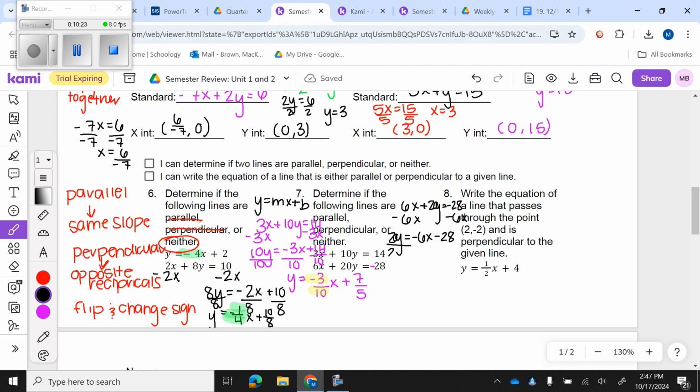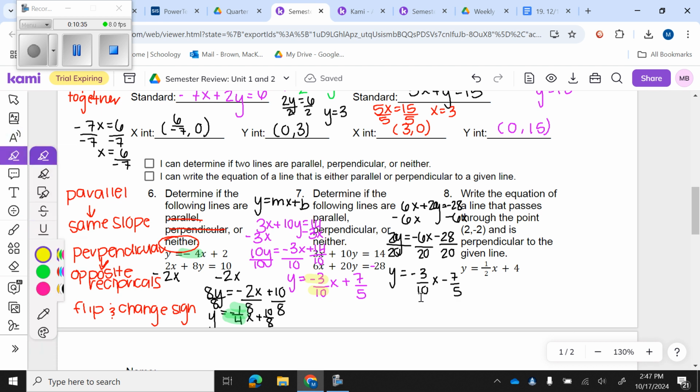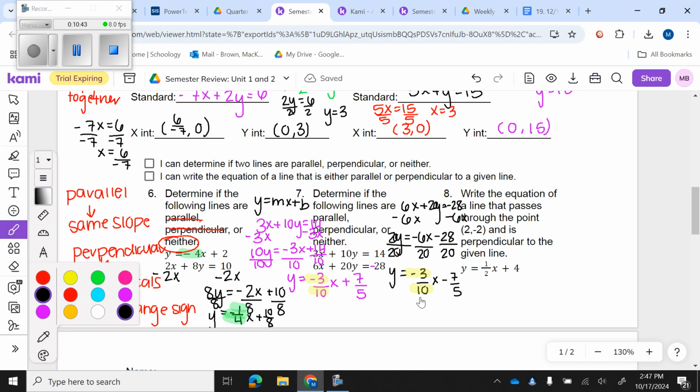Now I'm going to divide everything by 20 to get that y by itself, and I'm going to get y equals negative 3 over 10x minus 7 over 5. All I care about in this problem is the slope. I know my slope is negative 3 over 10, and this one had a slope of negative 3 over 10. They are the same slopes, which means these lines are parallel.